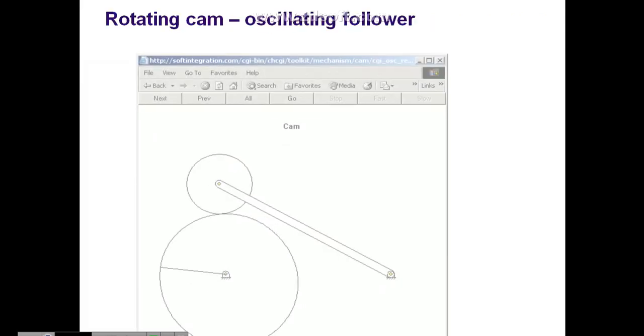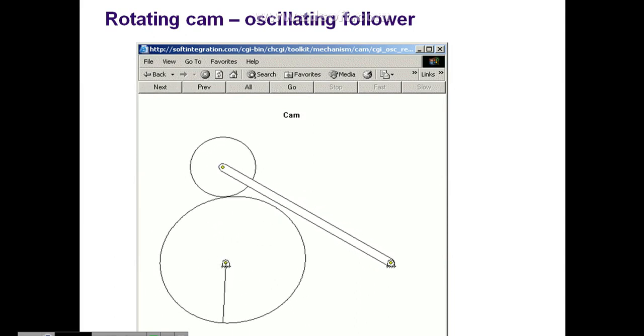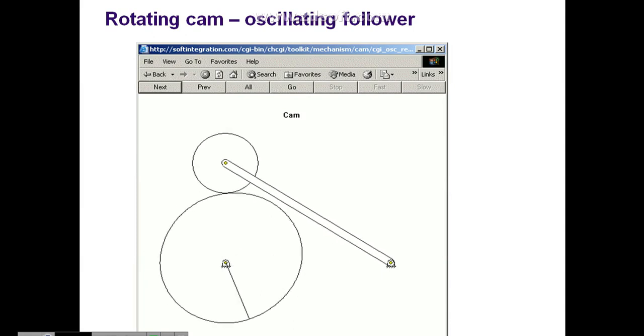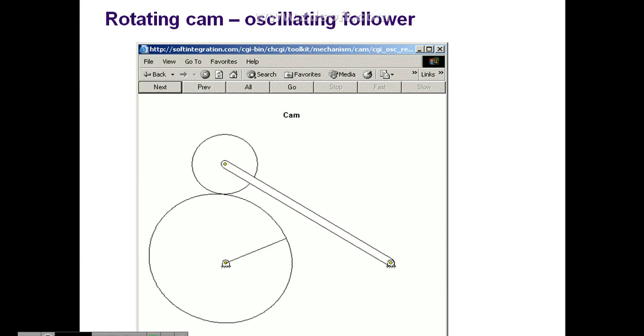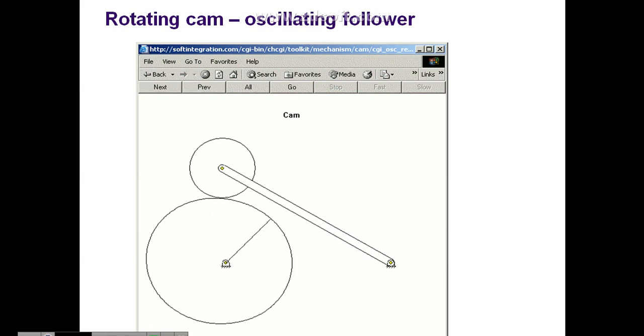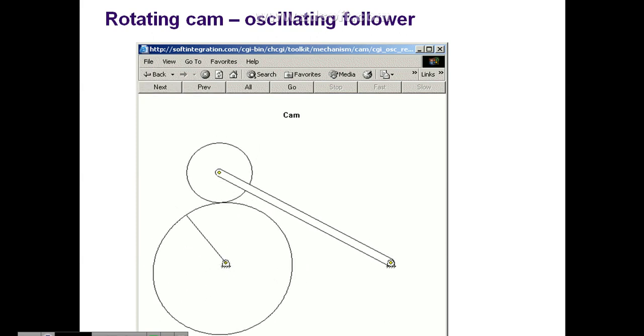The second one is rotating cam oscillating follower. You have seen in the animation that the follower has a roller end suspended on the cam. The cam rotates about its axis. Due to the unique shape of the profile, the follower is going to oscillate about its support.